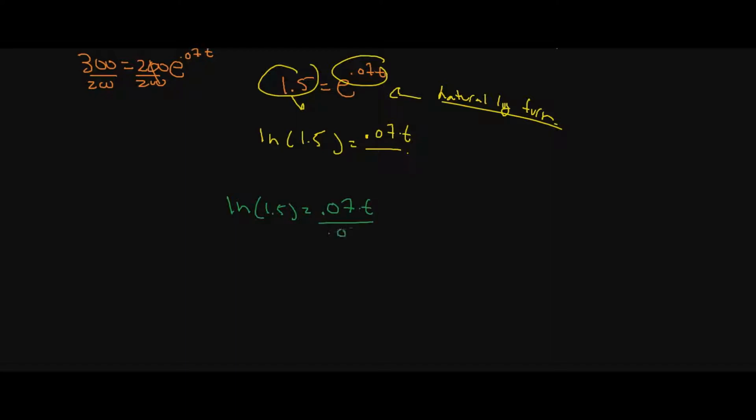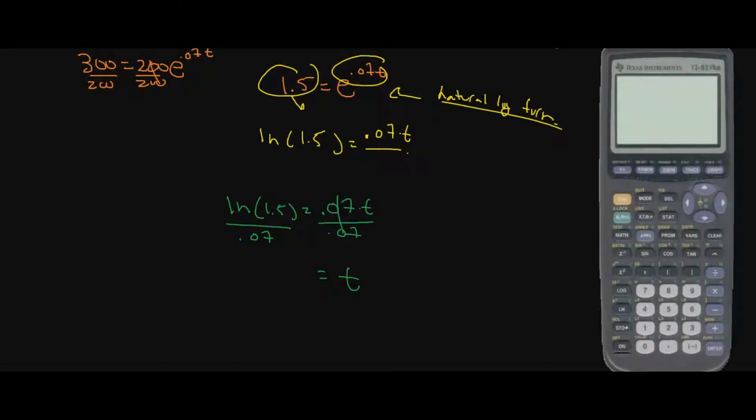Let's divide by 0.07 on both sides, and we get t is equal to ln of 1.5 divided by 0.07. Let's grab the calculator and do that. ln of 1.5 divided by 0.07, and we get 5.9 minutes.